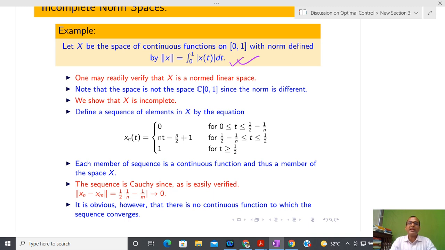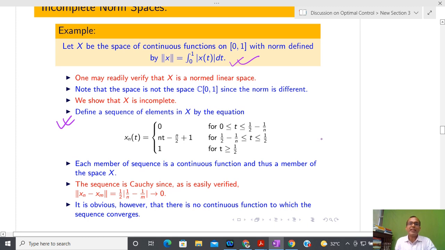Due to that reason I have considered a space of continuous functions. I have defined the function from 0 to a; you can define it between any two numbers a to b. Now it is possible to show that if you take this kind of sequence and define xn and xm, then the distance tends towards 0, but this sequence is not going to converge anywhere.